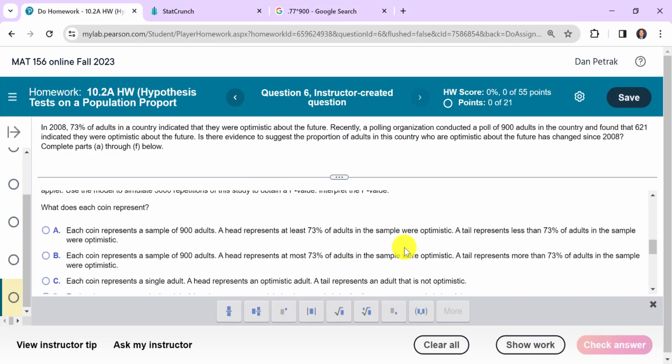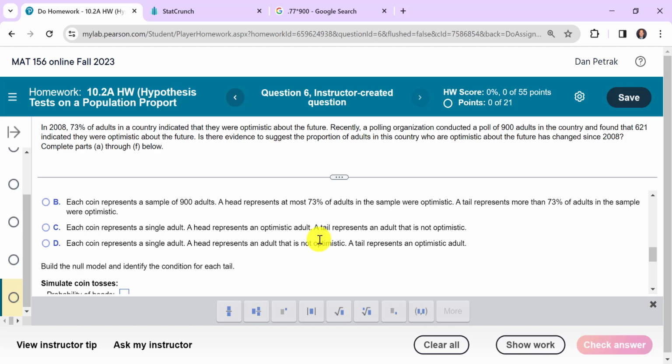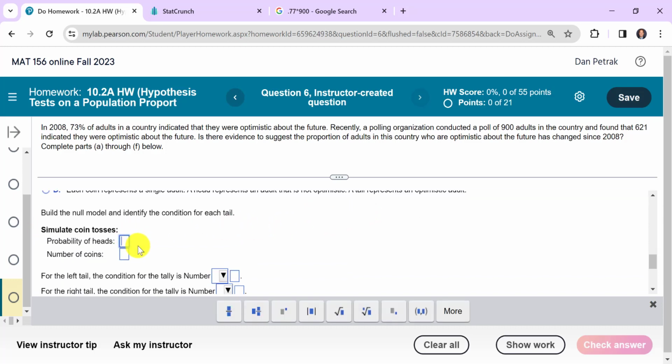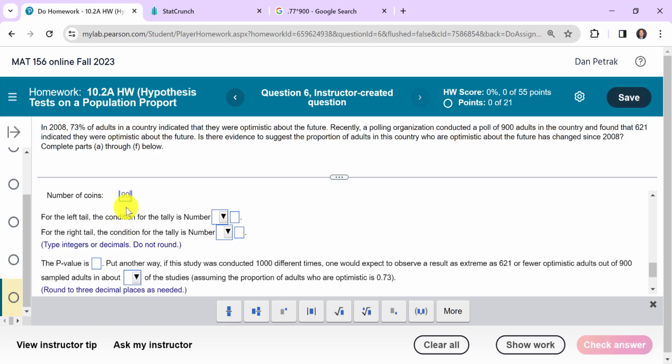So let's see here. Each coin represents a sample of a single adult, and heads is they're optimistic, a tail is they are not optimistic. So we'll do that. The probability of heads is 0.73. The number of coins is 900.